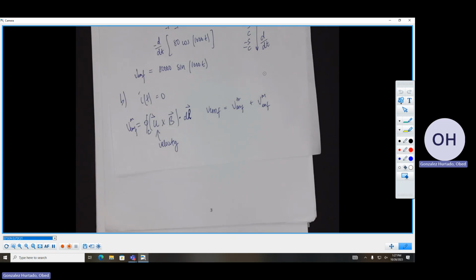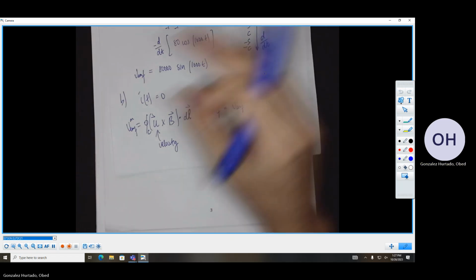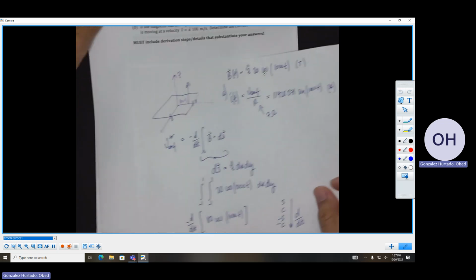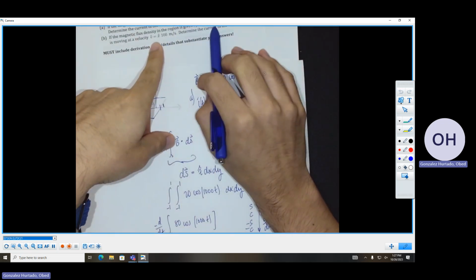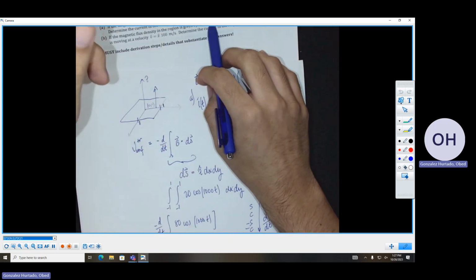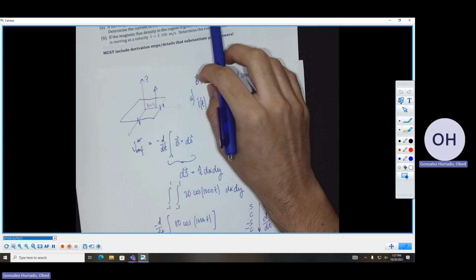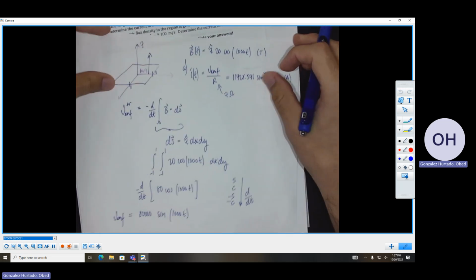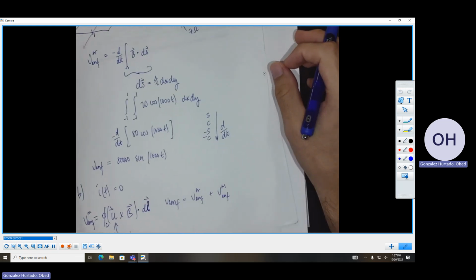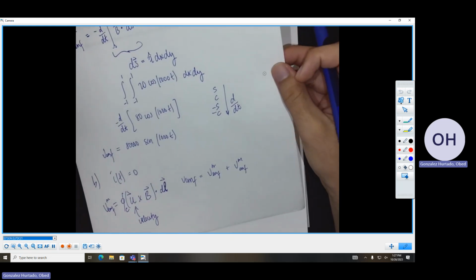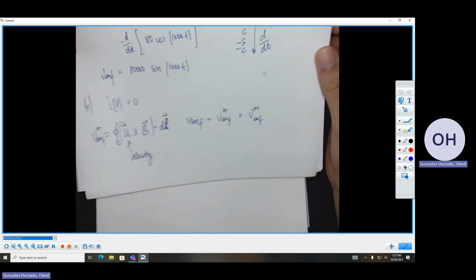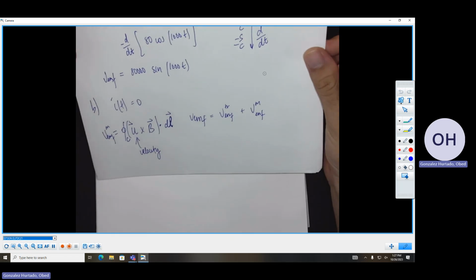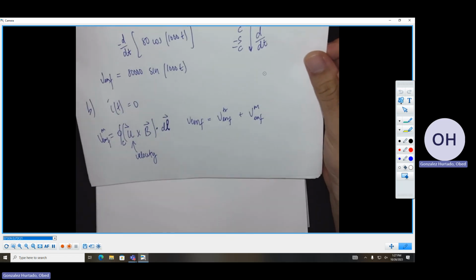Yes, U cross B gives you 0 in this problem. When you cross X and Z, it gives you Y, but dL is in the XY coordinate system, so the Y component is, well, something cancels out in this one.